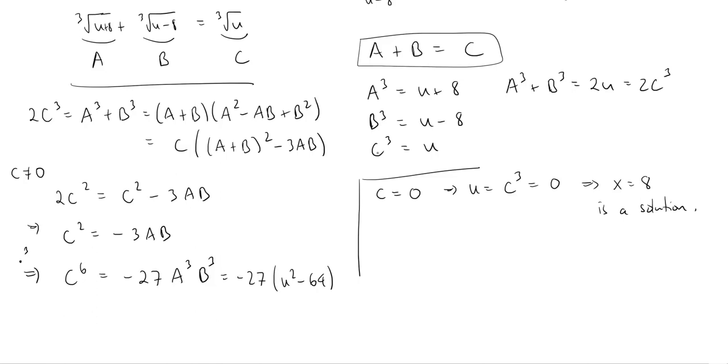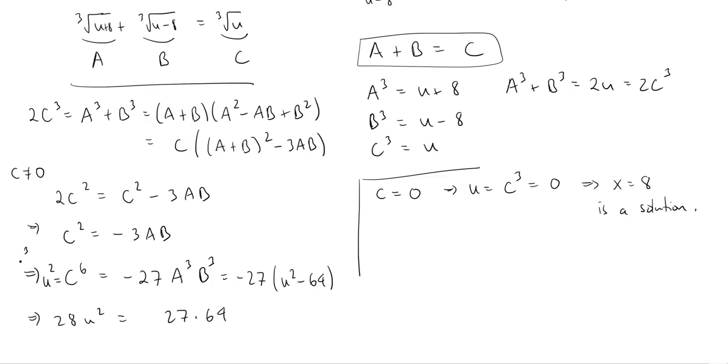Well, c cubed is u, so c to the sixth is u squared. I just have a quadratic now. Let's see. I'm going to get negative 27u squared on the right and 1u squared on the left. So this is 28u squared, if I just move these over, is equal to, well, negative 27 times negative 64. So in fact, this minus goes away.